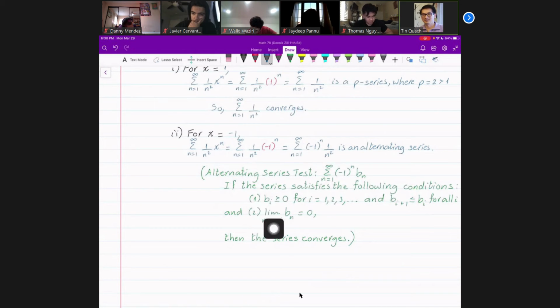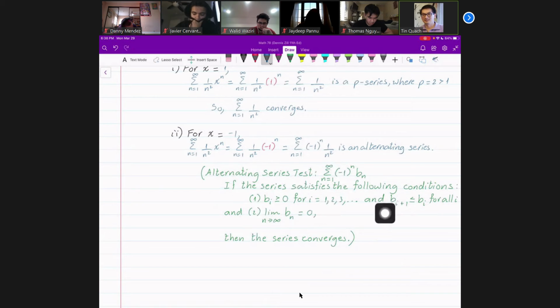provided that it satisfies these two conditions. Condition number one: if you cover the factor -1 right here, and the rest is b sub n, you know that b sub n is always positive, and it is also decreasing. That means the bigger the index, the smaller the term is.